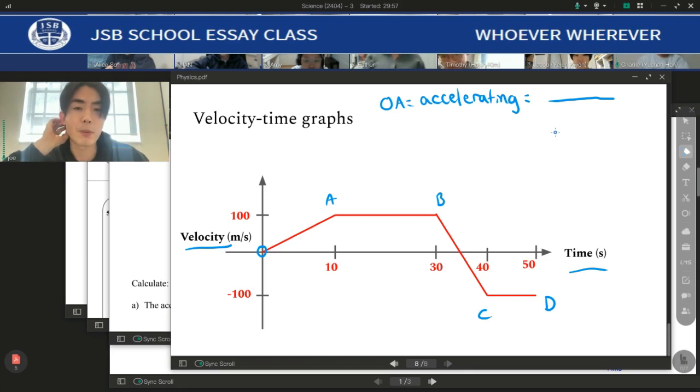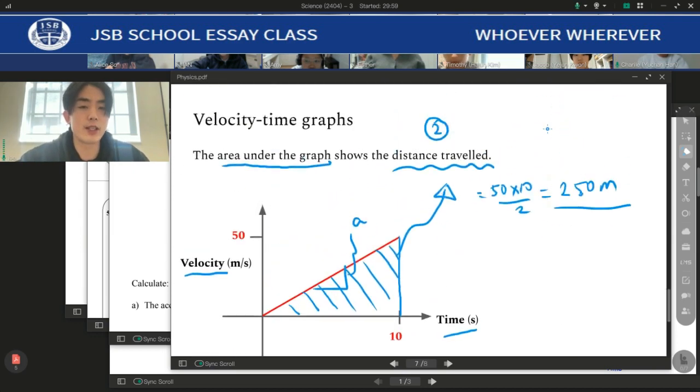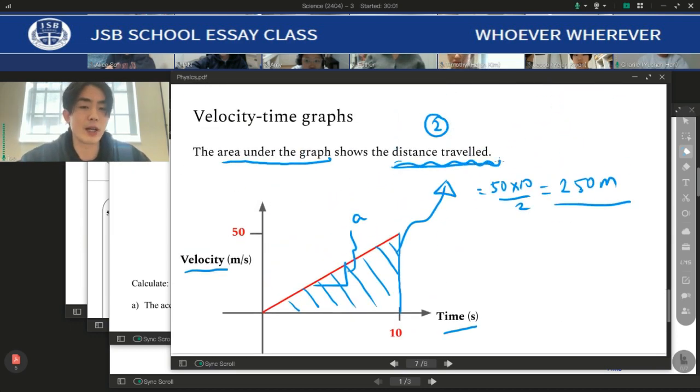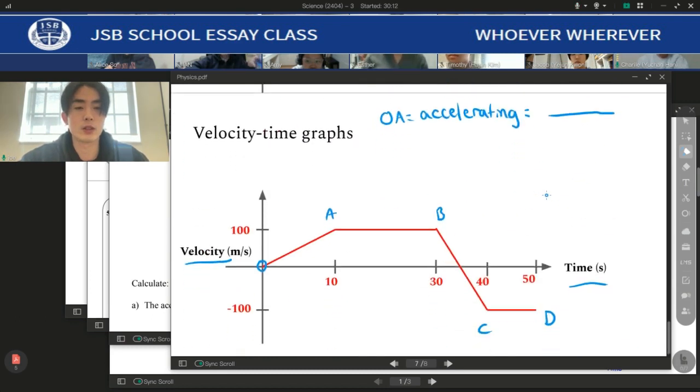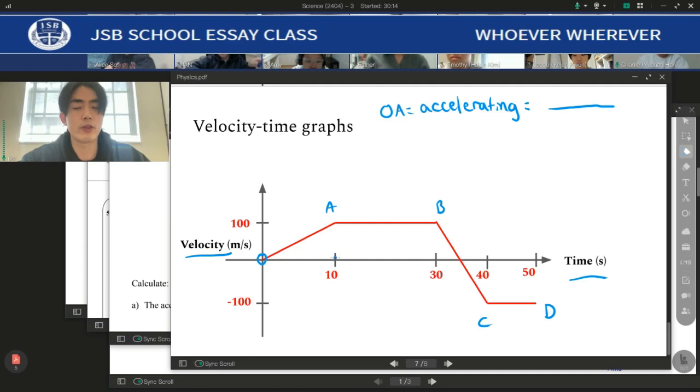Okay, good. But remember, that is for the distance. If you want to work out distance, then that's 500. Good. But I want to work out acceleration. So how do I work out acceleration? 10. Good, 10, because acceleration is the gradient. So 100 divided by 10, 10 meters per second squared.